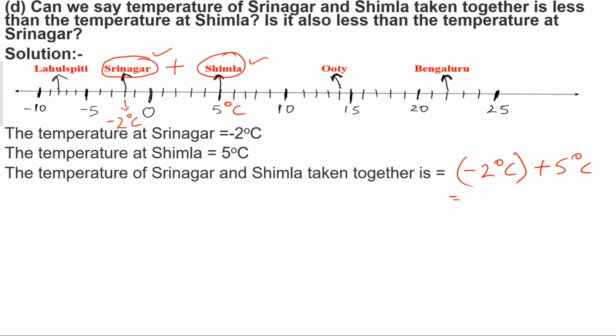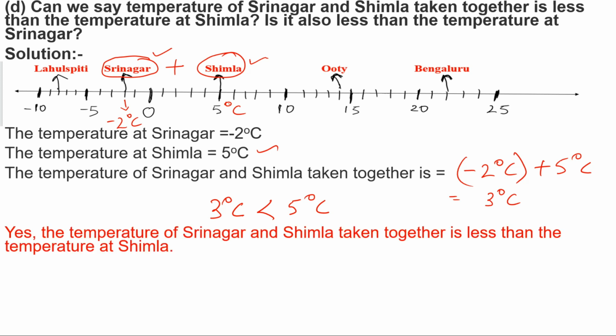So subtract and take the sign of the greater number. So that is 3 degrees Celsius. Now we have to check if this temperature is less than the temperature at Shimla. So Shimla is 5 degrees. So 3 degrees Celsius is less than 5 degrees Celsius, right? So we can say yes, the temperature is less than Shimla's temperature.